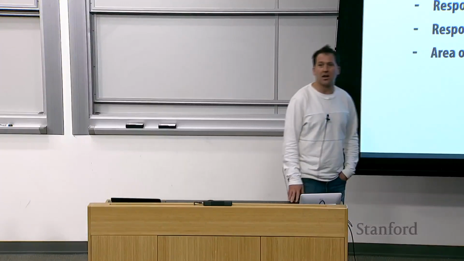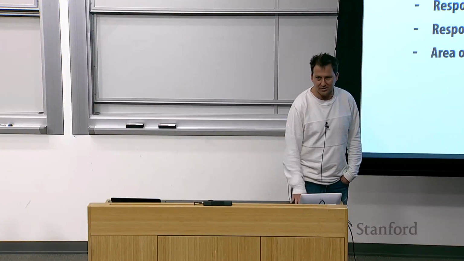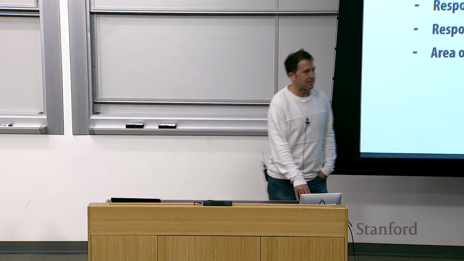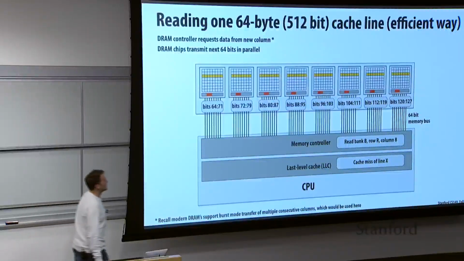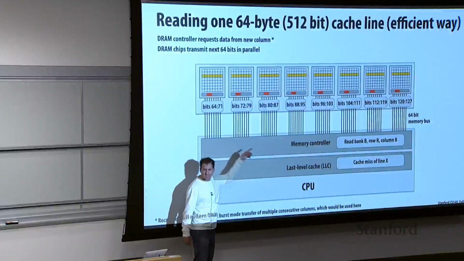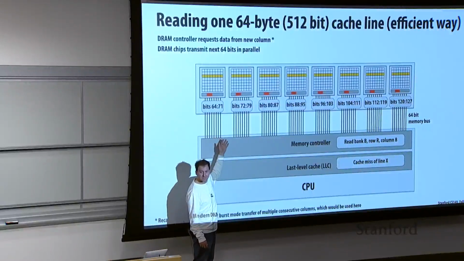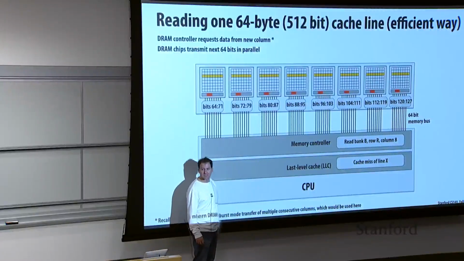Oh, so one thing I did not talk about here is any kind of fault tolerance, meaning like if a bit flips or something like that. Typically, what happens is you have these error correcting codes, and so if you buy slightly more expensive memory or server memory, largely, instead of a DIMM with 8 chips in it, there'll be a 9th chip, and the 9th chip is the redundancy.